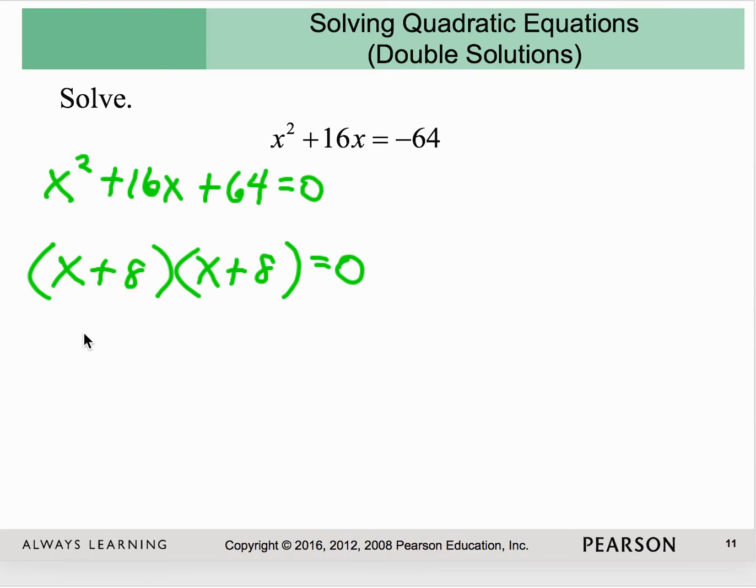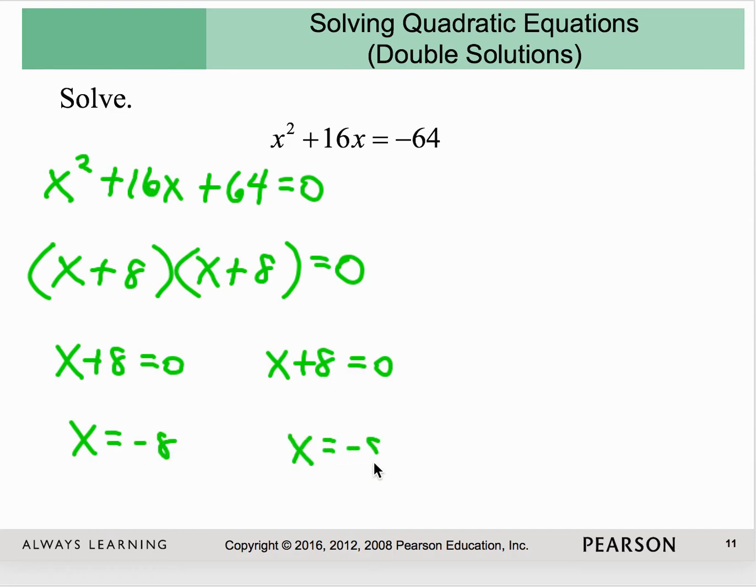All right. So since we have these 2 things multiplied together that equals 0, one of them equals 0. So either x is -8 or x is -8. Yes, they're the same number, but notice there's 2 of them. So I still got my 2 answers, but they can be the same number, but I will have 2 of them.